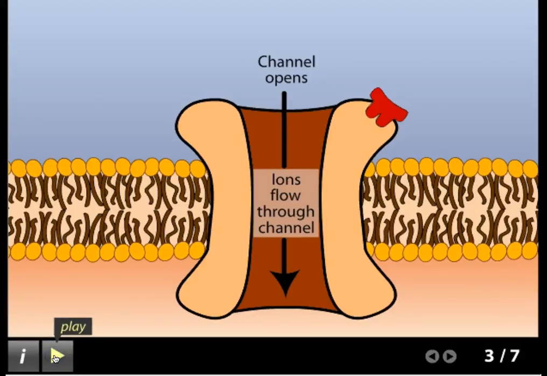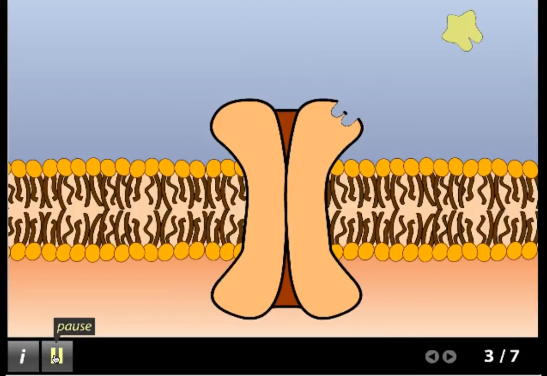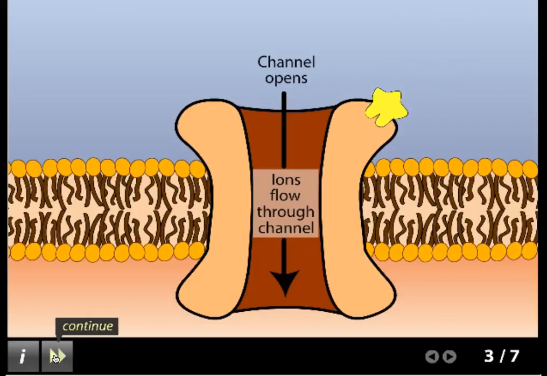Okay, so in the event that we have a drug that's acting as an agonist in this situation, what the agonist is going to do is bind, and produce the same result as the endogenous ligand would produce.